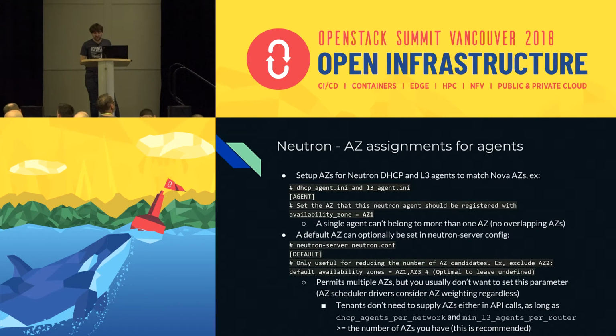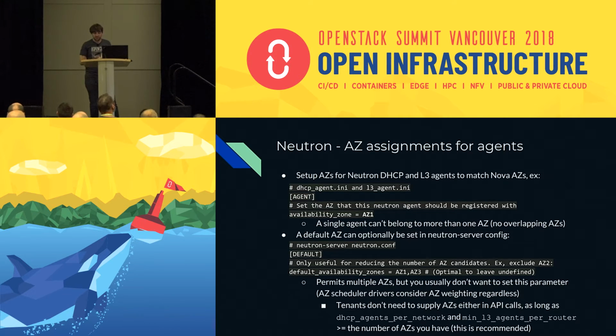So for setting up the AZs, again, there are no host aggregates here. This is just setting the AZ config option in the agents file. And again, we can't have agents belonging to more than one AZ, so no overlapping AZs. And again, we also have the notion of a default availability zone in case the user doesn't provide the AZ information.